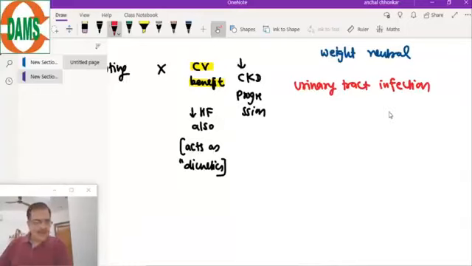Urinary tract infection is obvious because there will be a high glucose in the renal tract. Also, they have been seen to be associated with infection, Fournier's gangrene.